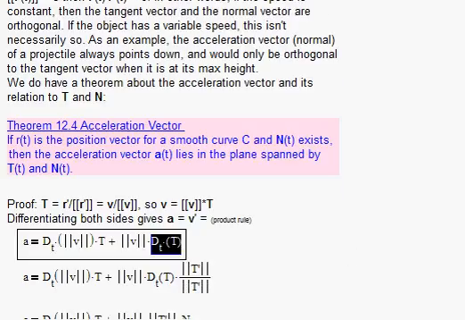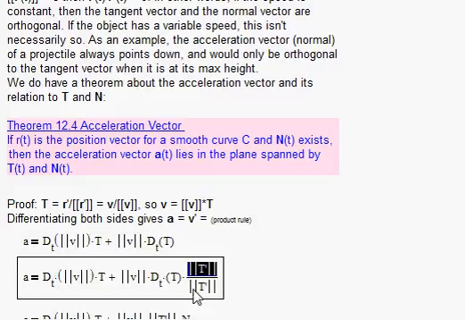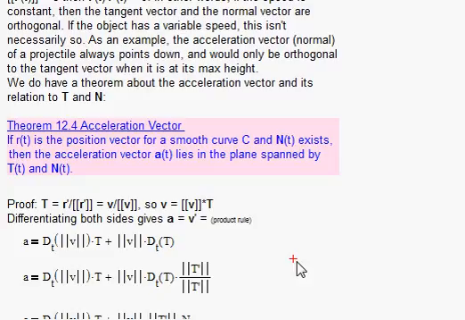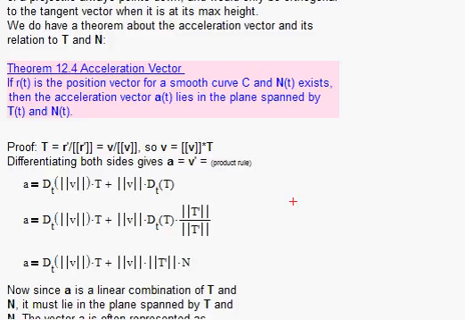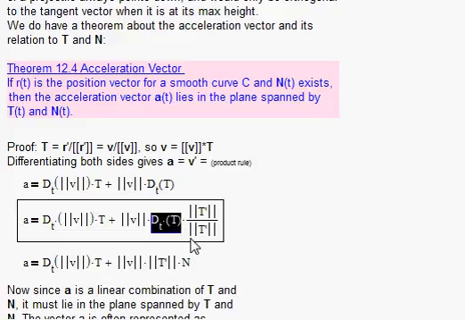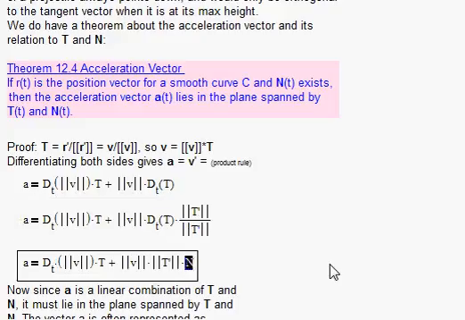Okay, now I think you would agree that the length of T prime over the length of T prime is equal to 1. And the reason I would do that is because the derivative of the tangent vector divided by its length is equal to the normal vector.